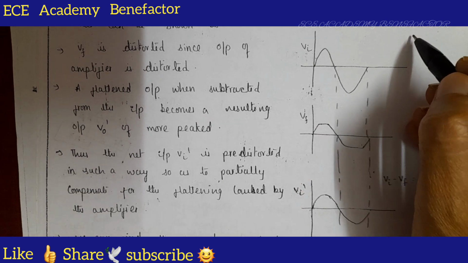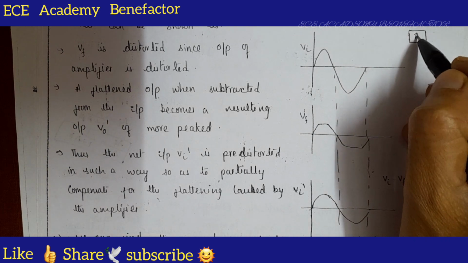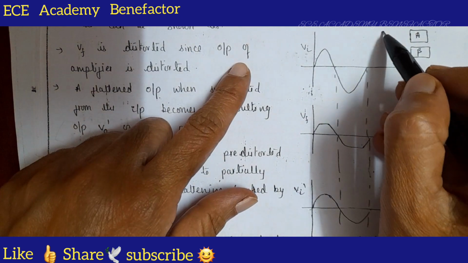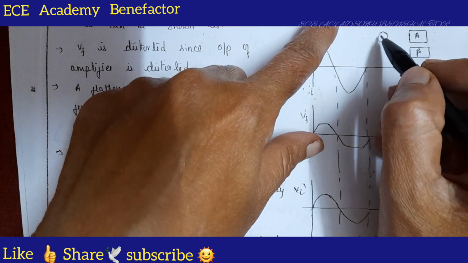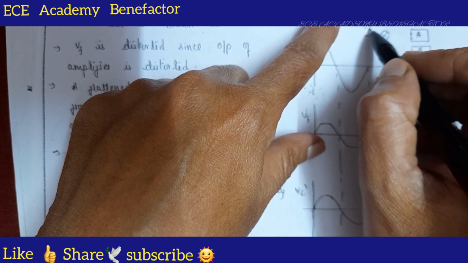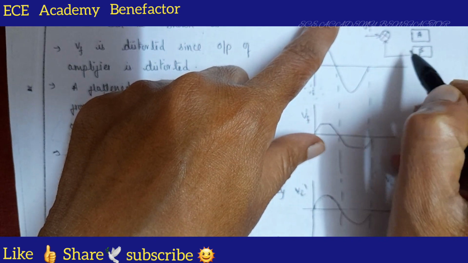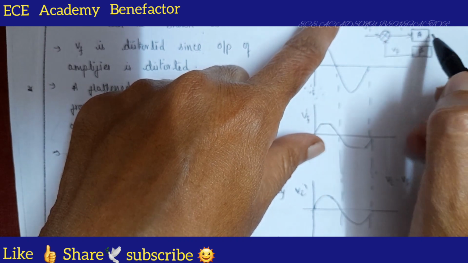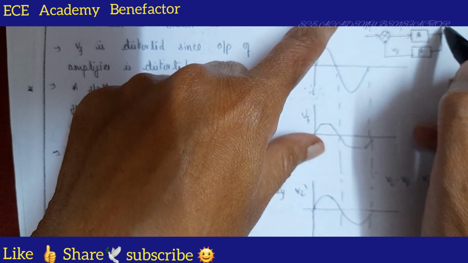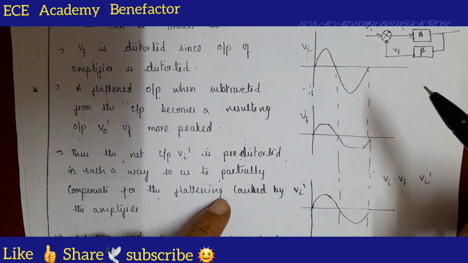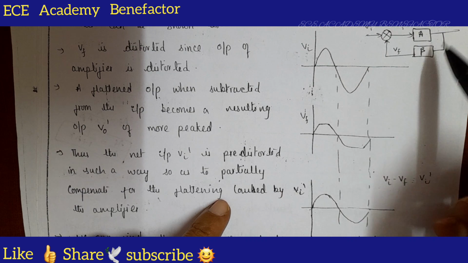Let us say that an amplifier of gain A, feedback network of ratio beta, and there is a mixer here. This is Vi, Vf, and this is Vi dash. This is V naught. Okay, so how will those waveforms be? This is the diagram of a negative feedback.